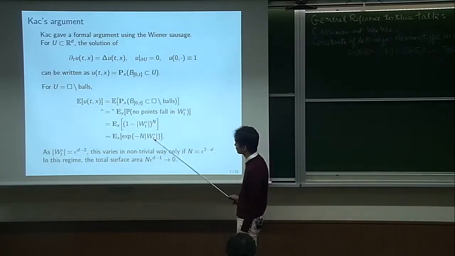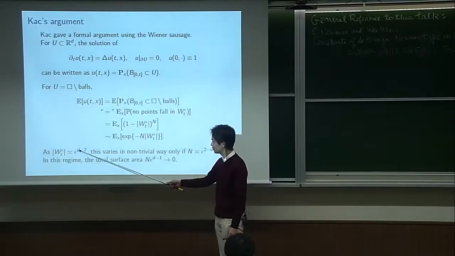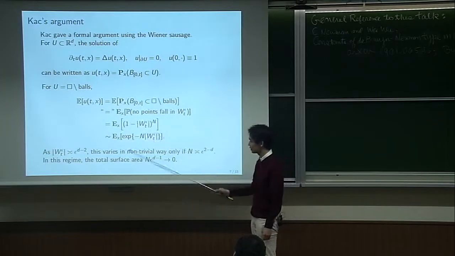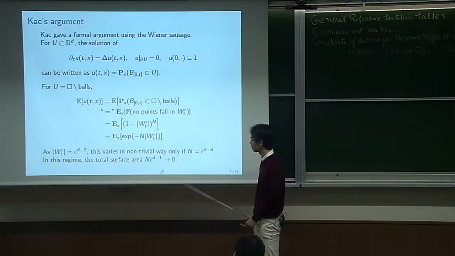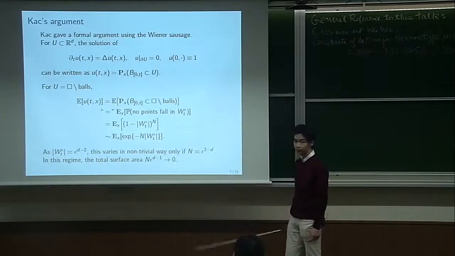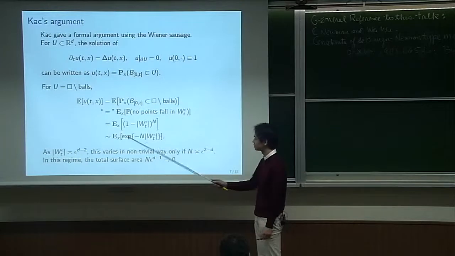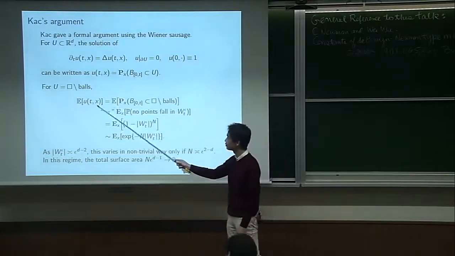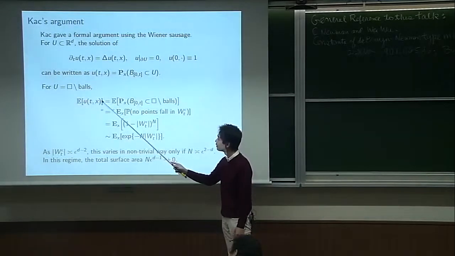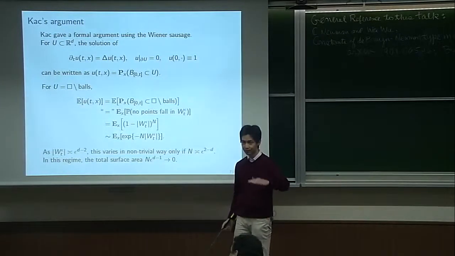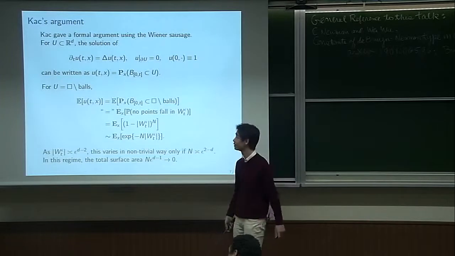Now, if you recall that this W_t^epsilon, the volume of the Wiener sausage, behaves like epsilon to the d minus 2, this expectation varies in a non-trivial way only if this number N is comparable to epsilon to the 2 minus d. I mean, if this depends in a non-trivial way, then this heat has a non-trivial distribution between 0 and 1, which means that at fixed time t, heat decreases a little bit.